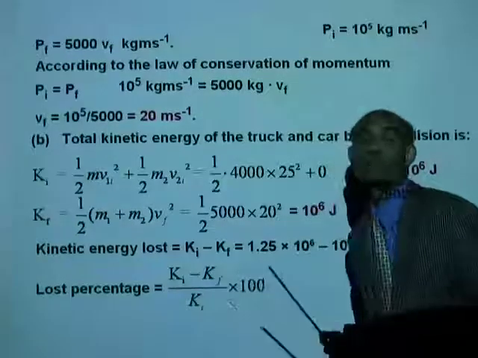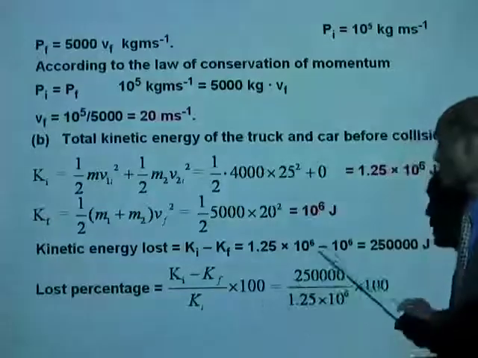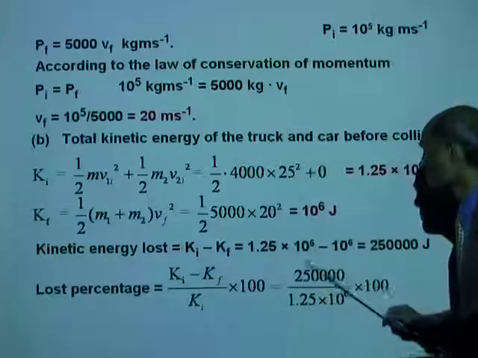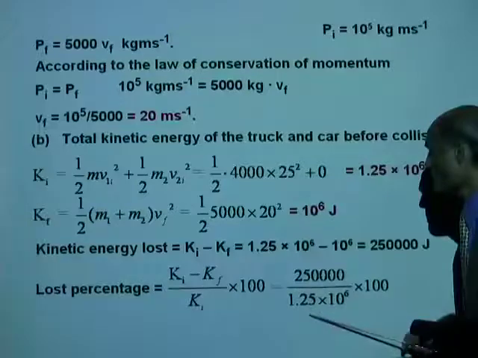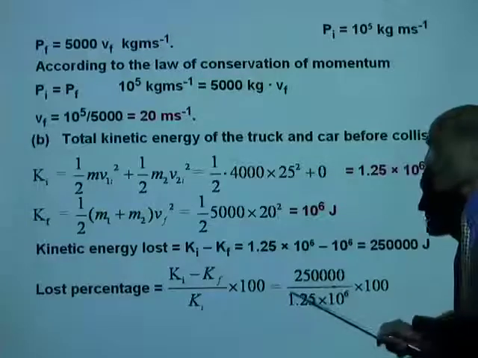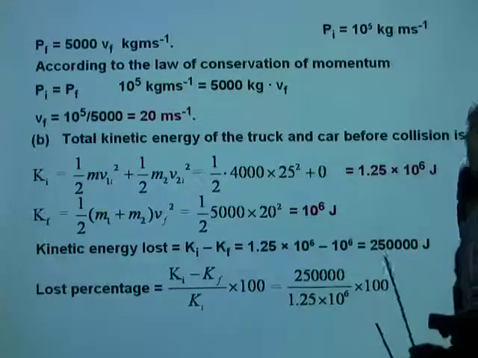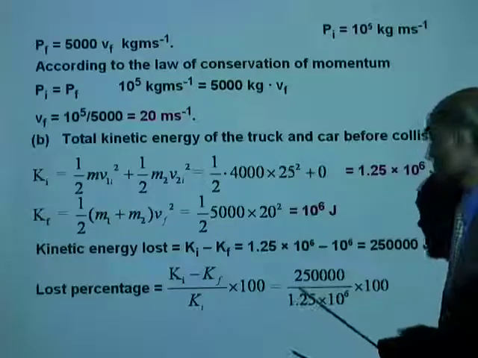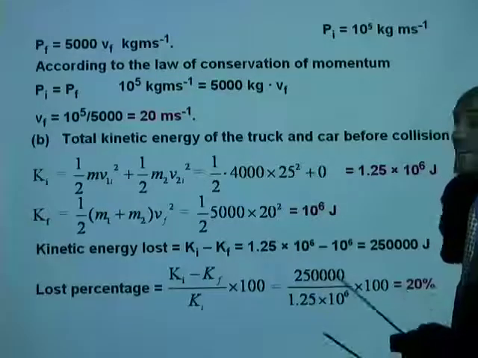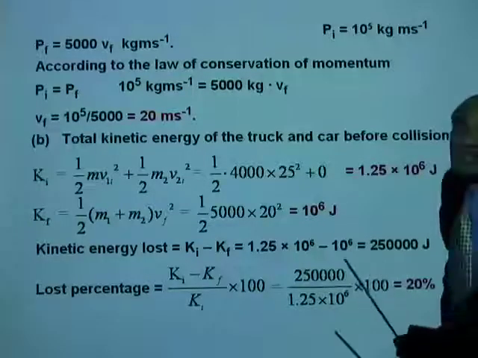That will be the percentage of energy lost. That is 250,000 divided by 1.25 times 10 to the 6 multiplied by 100. Calculate that for me. I got it as 20%.